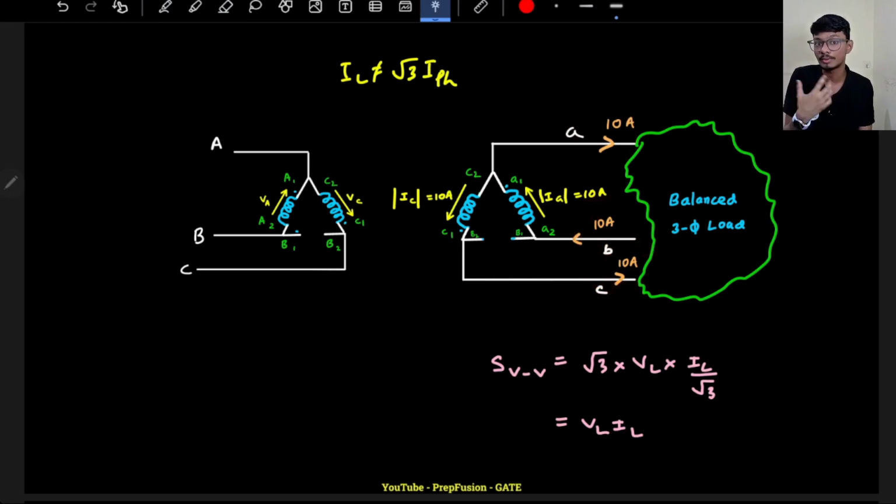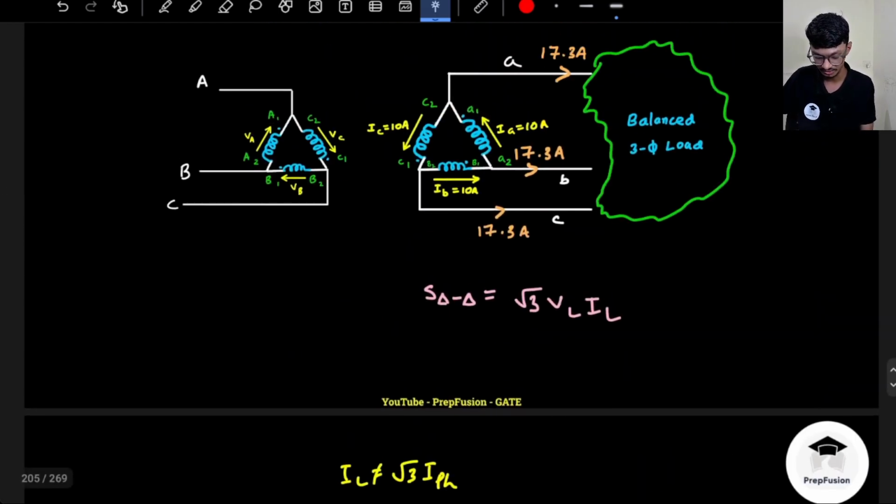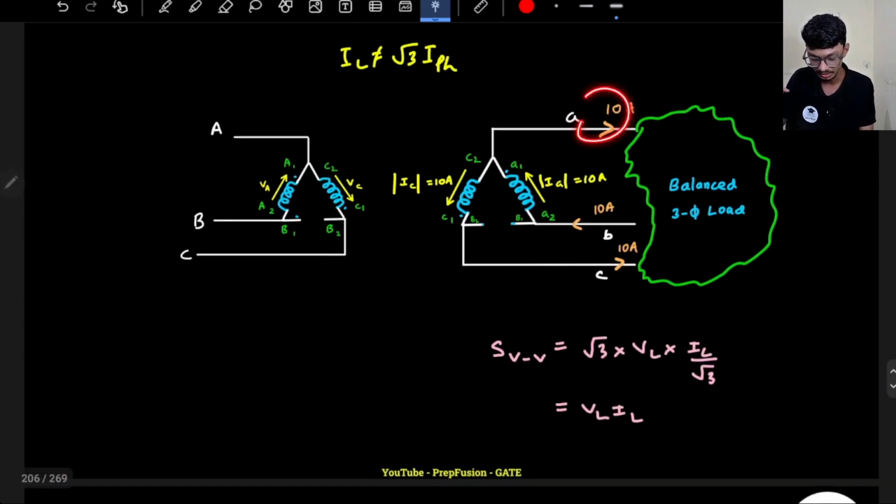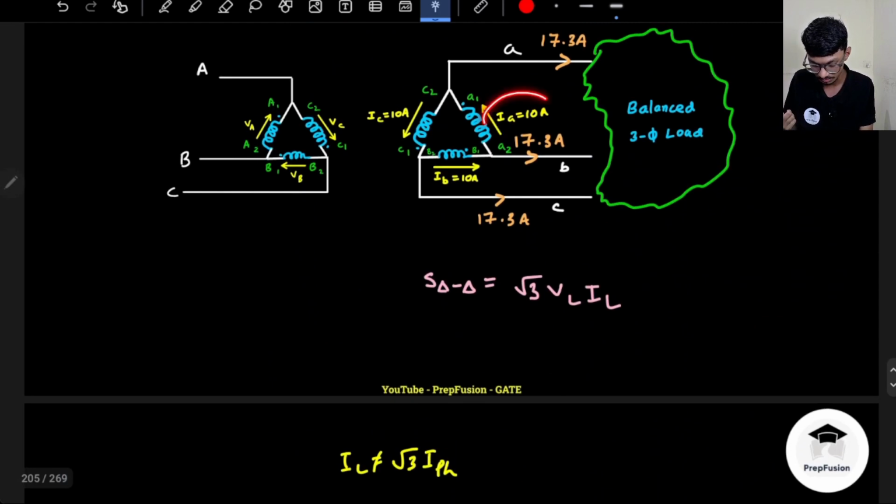Now what is the power consumed? I told you the voltages do not change, the currents change. So it will be root 3 times the line voltage into the line current. What is the line current now? The line current is root 3 times lower than the previous line current. Previously it was IL, now it has become IL by root 3, because that is the maximum current that the phase can support.